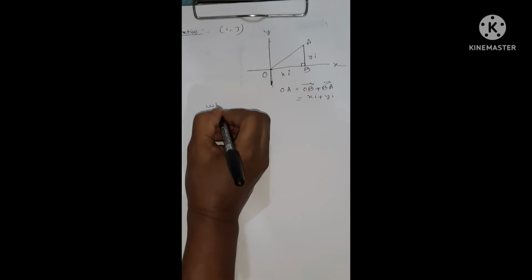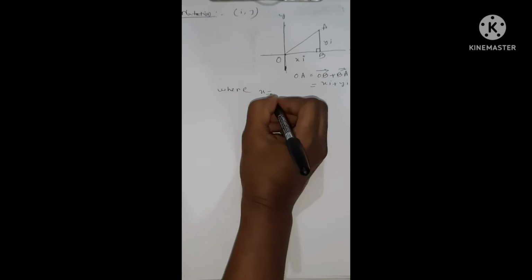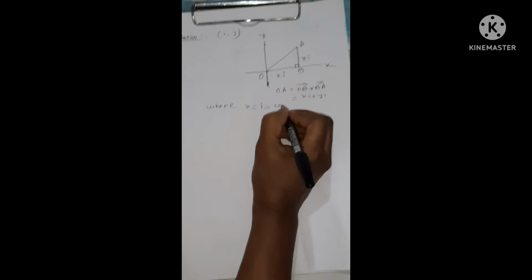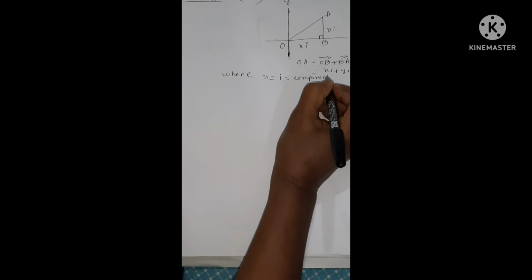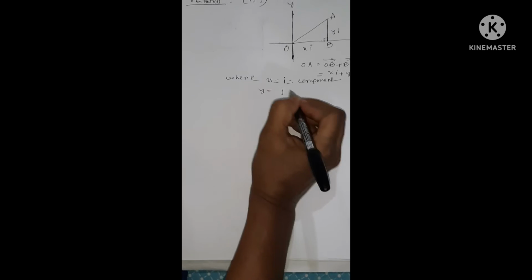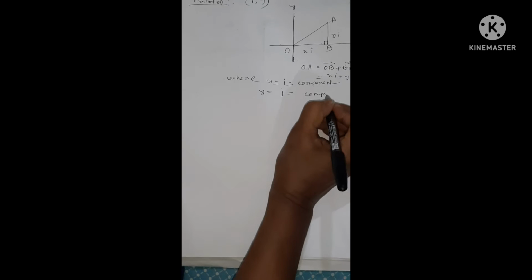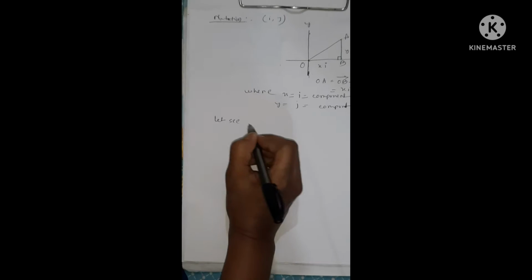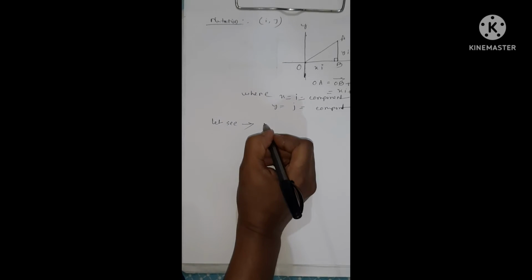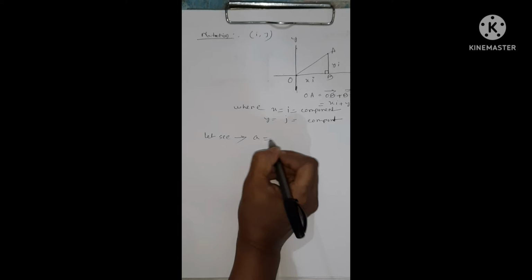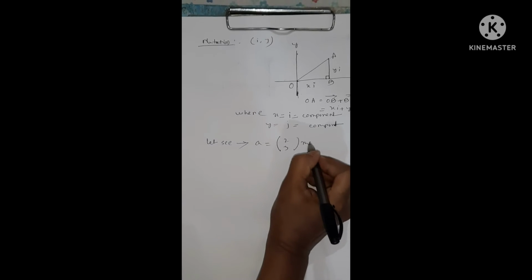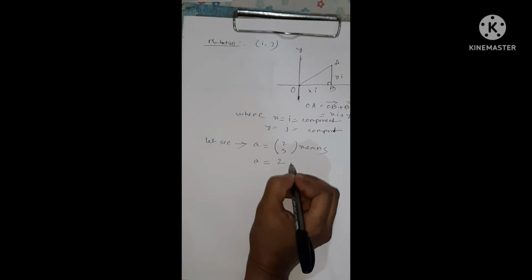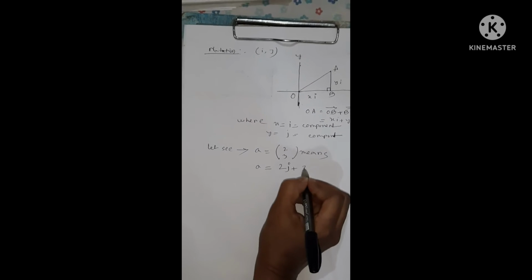Where x is the i component and y is the j component. One example: A equals (2, 3) means A equals 2i plus 3j.